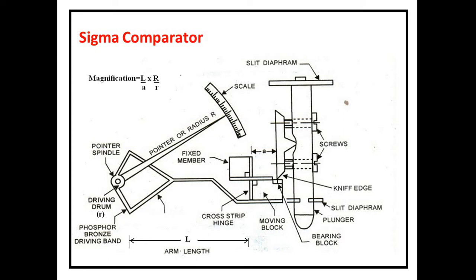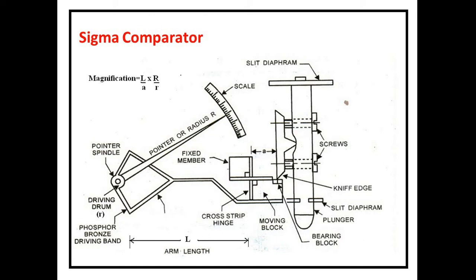So the Y arm, whose effective length is L, you can see here, is attached to the moving member. You can see this moving member is resting on this Y arm, isn't it? So its length, capital L, is the length of this arm.